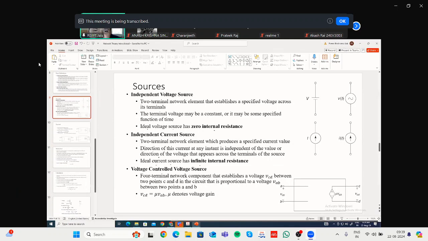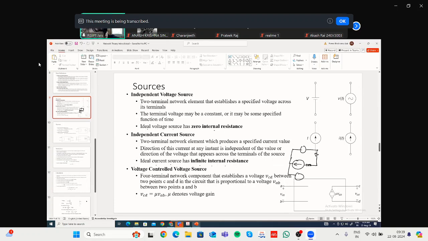Ideal current source has infinite internal resistance. The answer lies here. So let us say this was the mesh one. There is a voltage source, there is a resistance, and there is this current source that is given like this. And you are asking, what would happen if we consider a resistance here? I think that is the question.